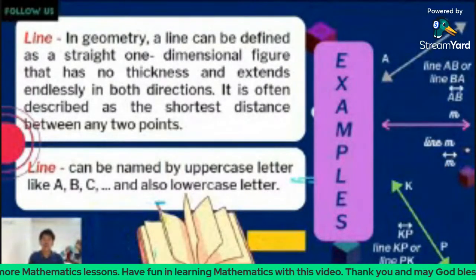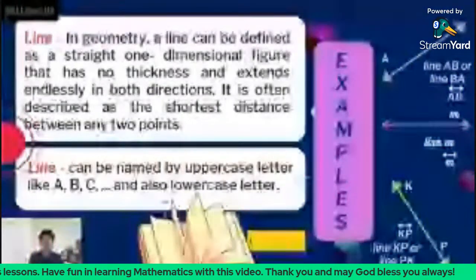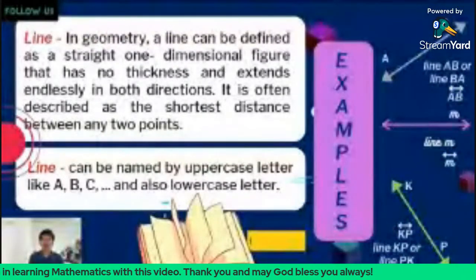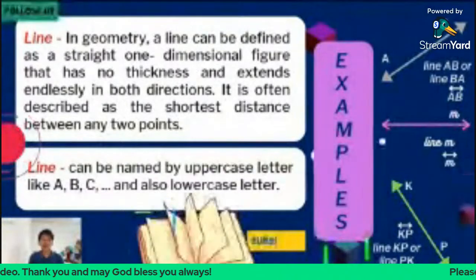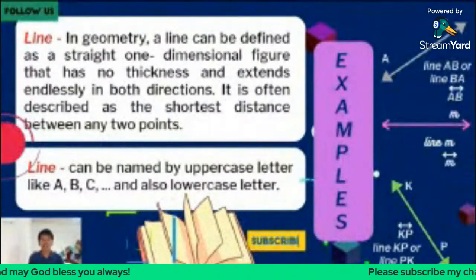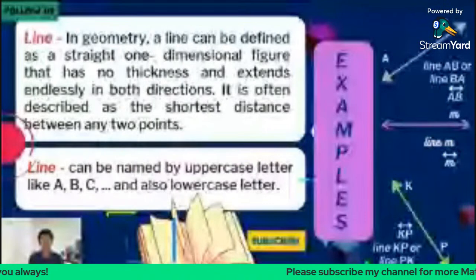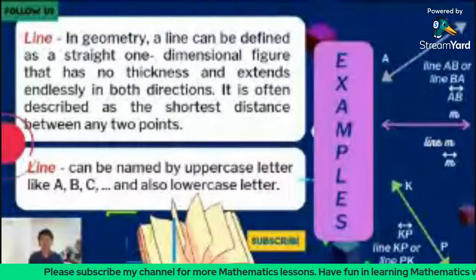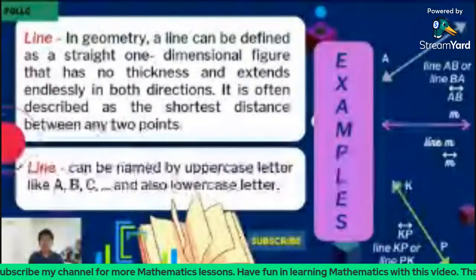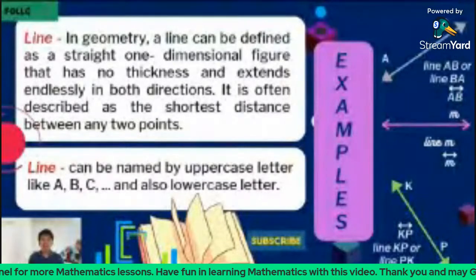So in symbol, it can be written as line JK is parallel to line LM. Another example with these two lines, line T and line X. So line T is parallel to line X.